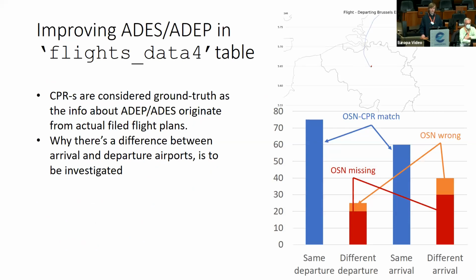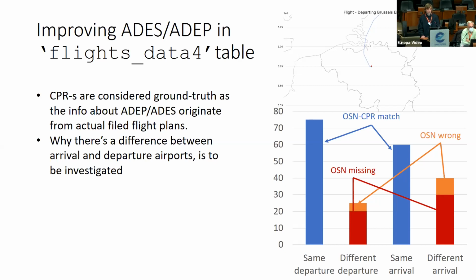Then one thing that is definitely good about CPRs is that some of its data can be considered as ground truth because it comes from actual filed flight plans and flown flights. For example, the departure and arrival airports.